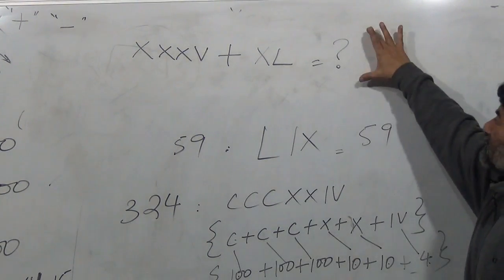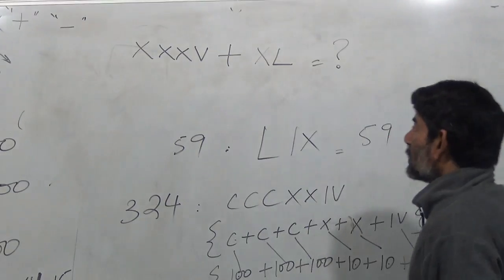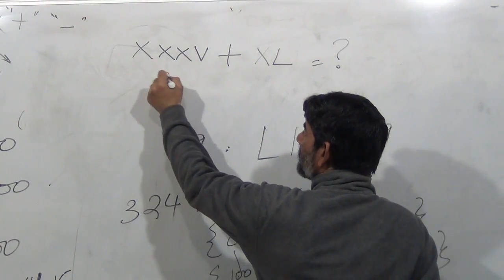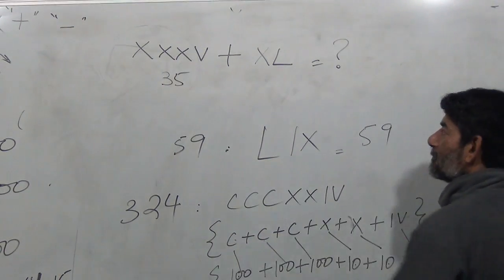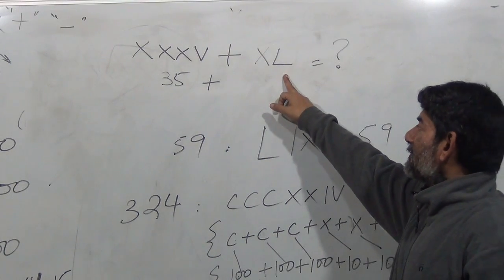But before we can find the answer in the Roman number, we need to know the value of this number. The value of this number is 10, 20, 35, plus X is 10, L is 50.